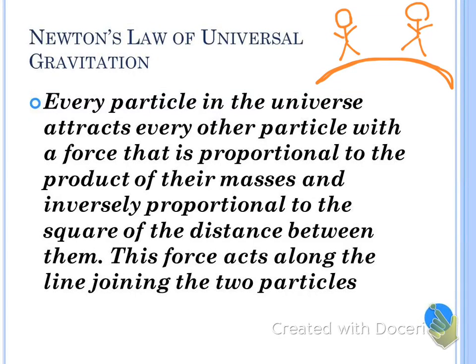So I want to talk about this last line right here. This force acts along the line joining the two particles. Okay? So I've got two people here on the surface of the earth, and let's say I want to find the gravitational force between those two objects, okay? Because Newton's law of gravitation tells us that every particle in the universe attracts every other particle.